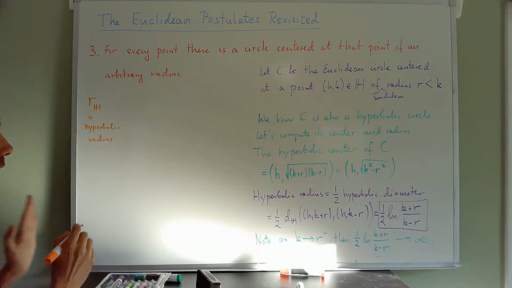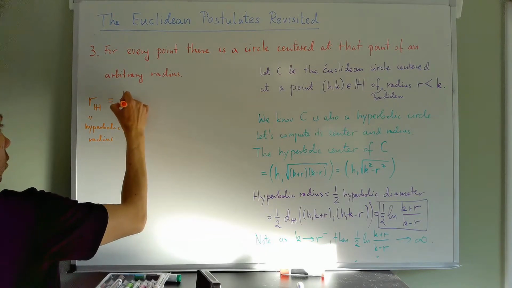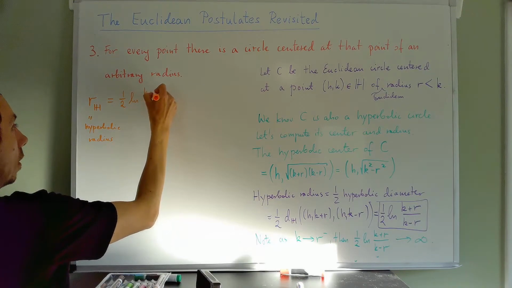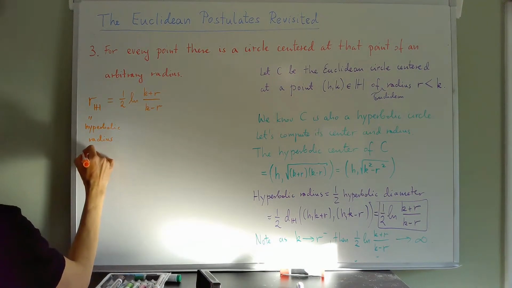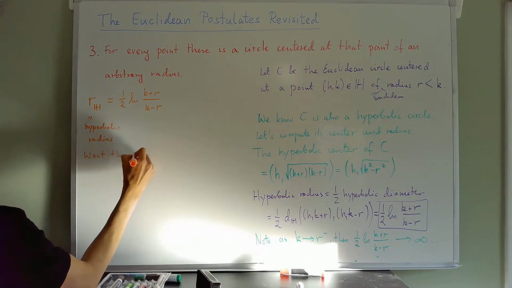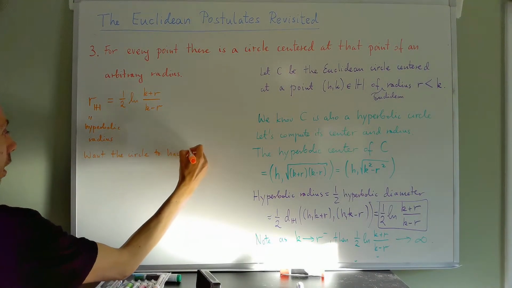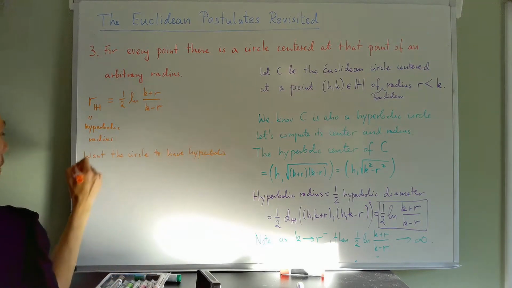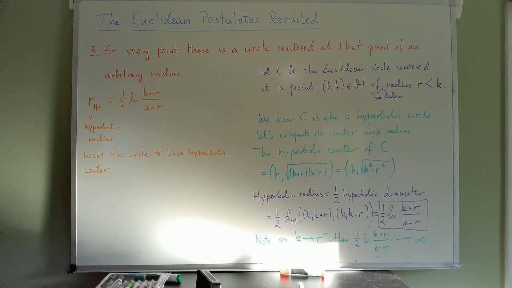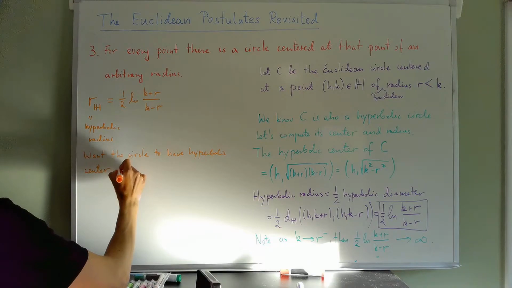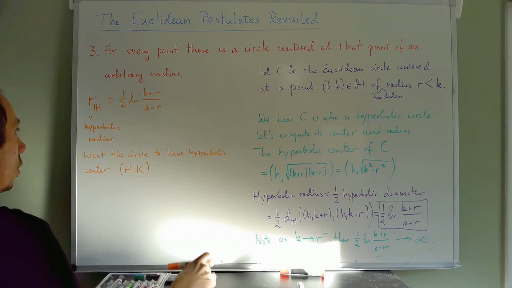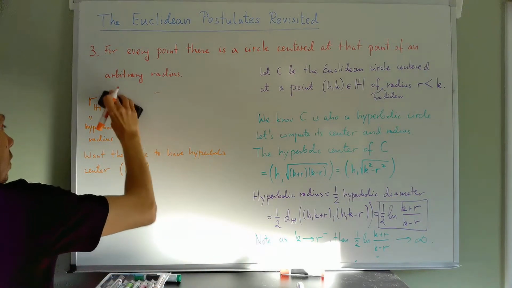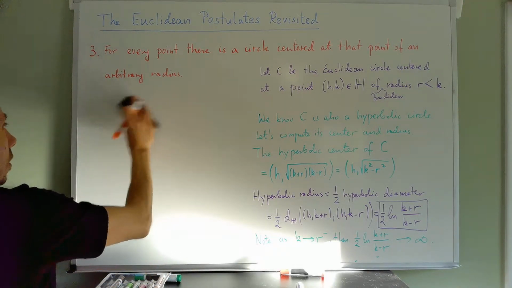If I want a circle of a certain hyperbolic radius R_H, and I want the circle to have hyperbolic center (H, K), now this is capital H and capital K. Let's rewrite this differently.